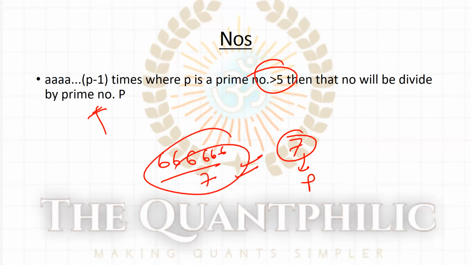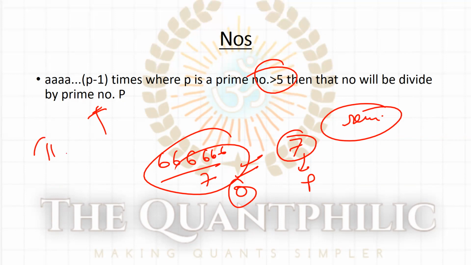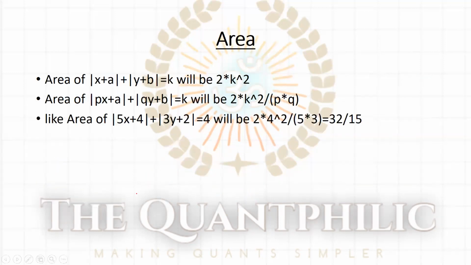You can check, the remainder in this case will be 0. These questions are used when you find the remainder. One more example: if I take 11 and a equal to 1, 1 written 10 times, mod 11 will be 0, the remainder will be 0.